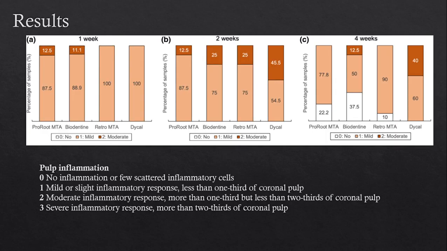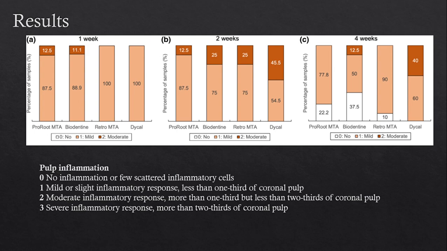Here is the bar graph summarizing the results of pulp inflammation, and we can see the difference between 1 week, 2 weeks, and 4 weeks. The x-axis shows the different capping materials, while the y-axis shows the percentage of the samples.